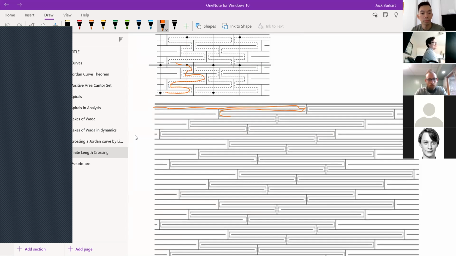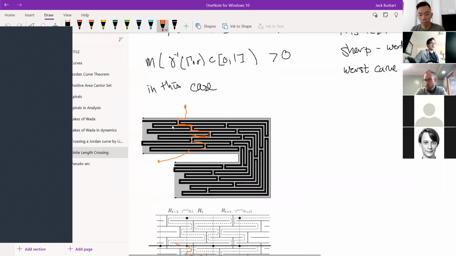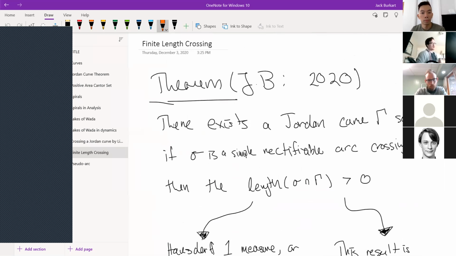So when you claimed that this was like the worst possible Jordan curve, that was in terms of this Riemann mapping theorem thing that you just said? Yeah, I claim that you really can't sharpen the results and get a meaningful result of this form. So what I want is a class of curves, and I would like them to have to cross the curve on a set of positive length.